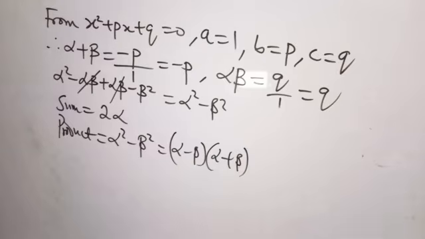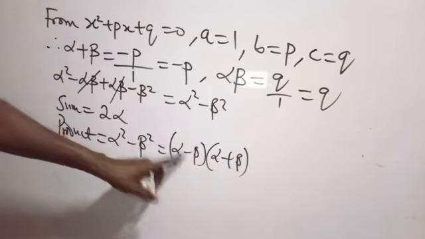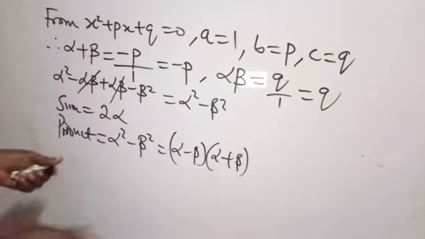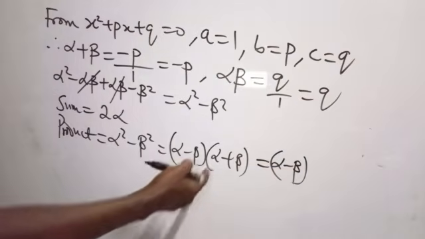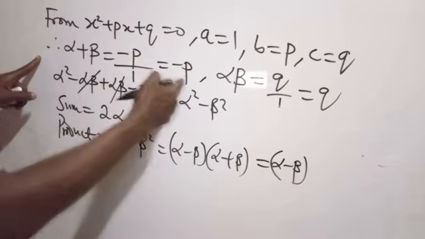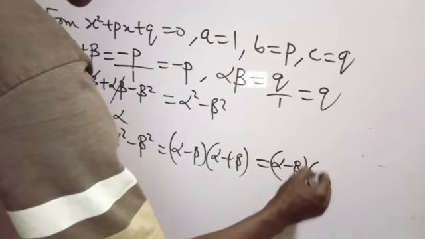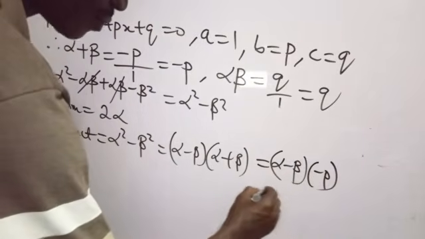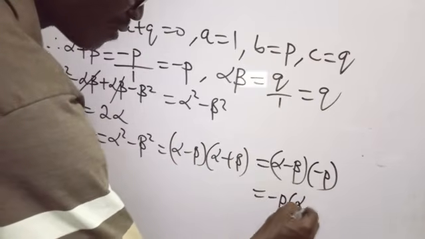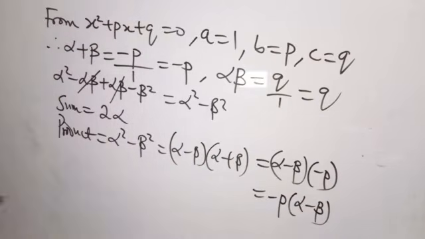Now, with respect to what we are given in the first equation, what is alpha plus beta? Alpha plus beta is minus p. So, we are multiplying alpha minus beta by minus p. That will be minus p into alpha minus beta. I hope that is clear. That's the product.